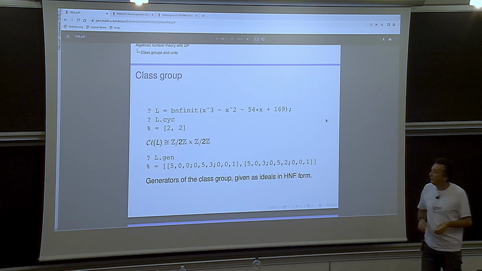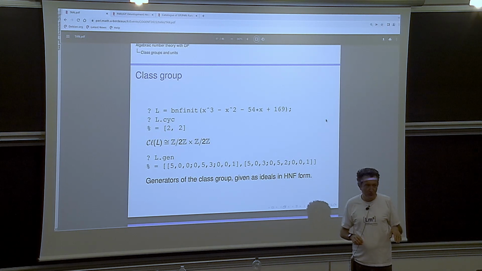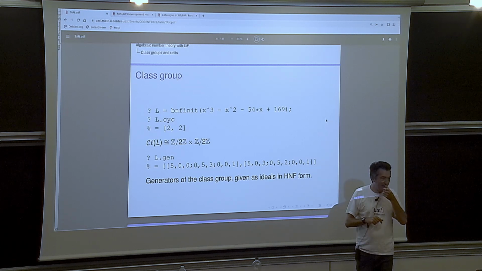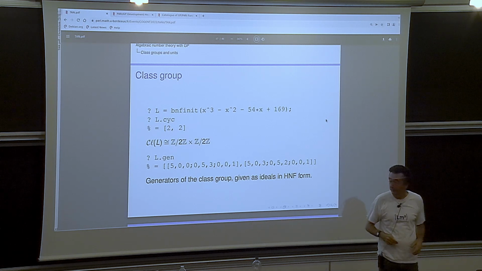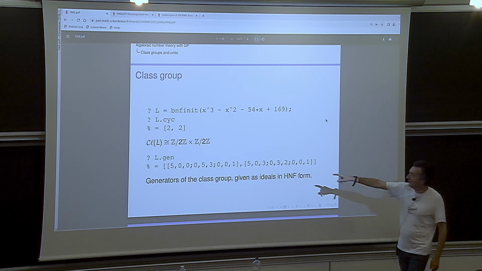And so I think GAP, for example, for Z over 6Z, GAP will often give you 2, 3, while PARI/GP will give you just 6.